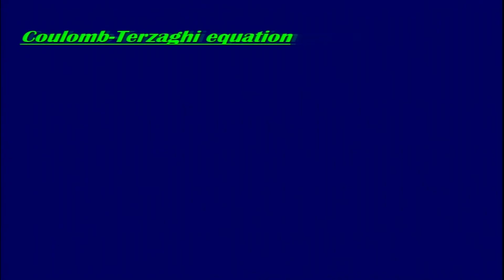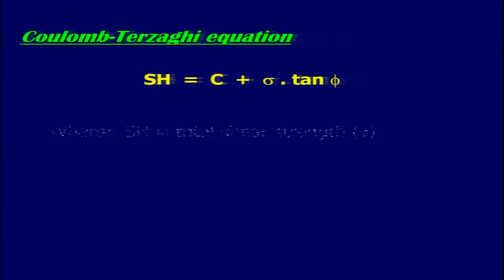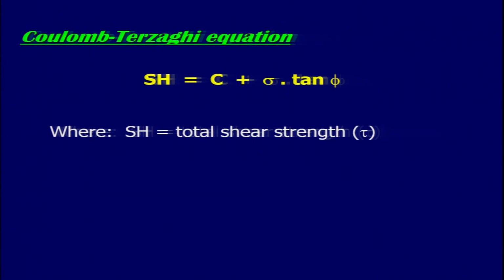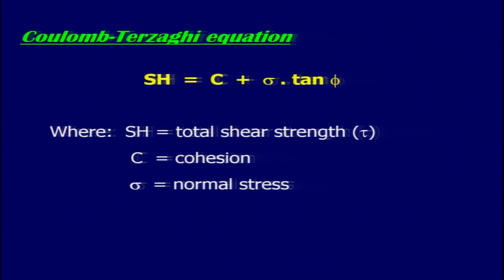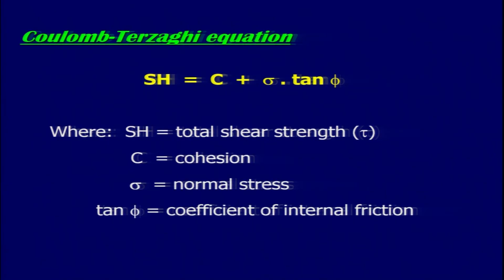Now, coming to this equation, the Coulomb-Terzaghi equation is usually taken into consideration when we are talking about the shear strength. So, where S is the total shear strength, either you say tau, C is the cohesion, sigma is the normal stress, and tan phi is your coefficient of internal friction.